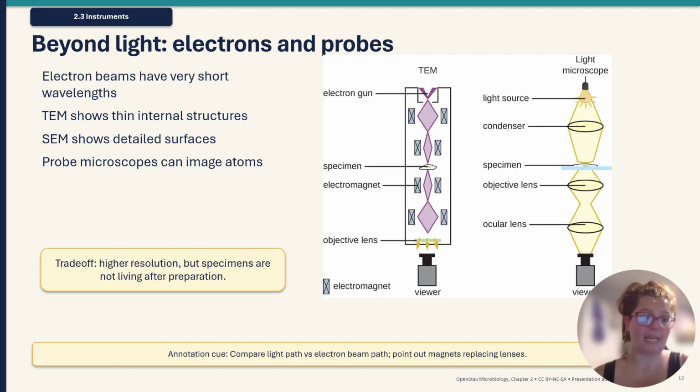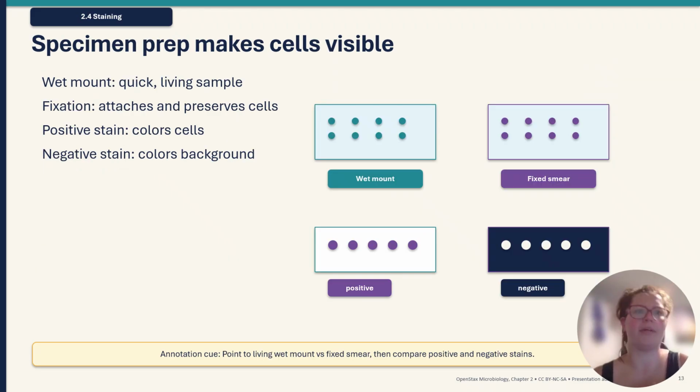Differential stains use multiple dyes to distinguish organisms or structures. Examples are gram staining, endospore staining, and flagella staining.